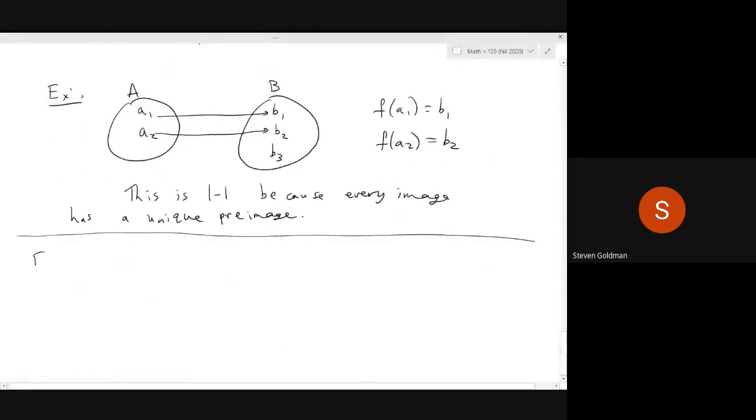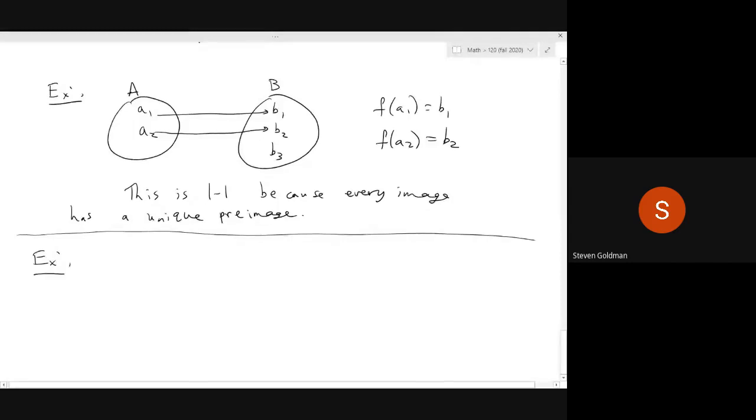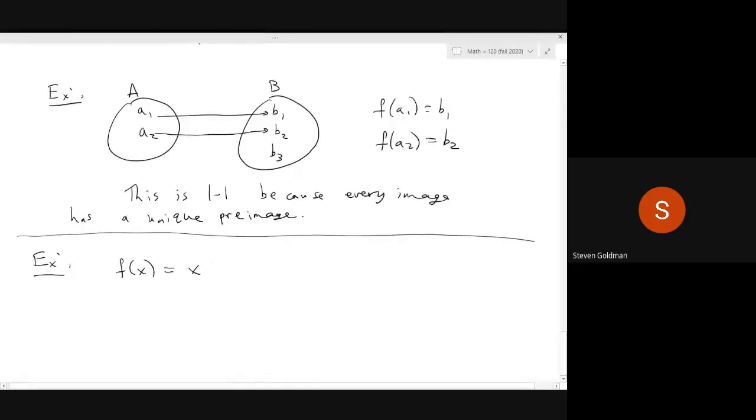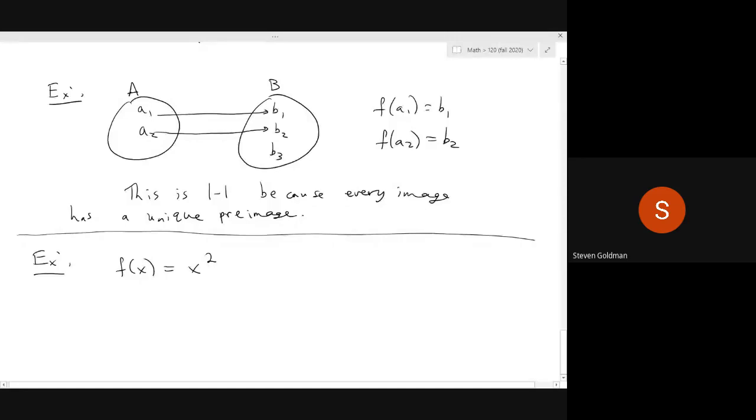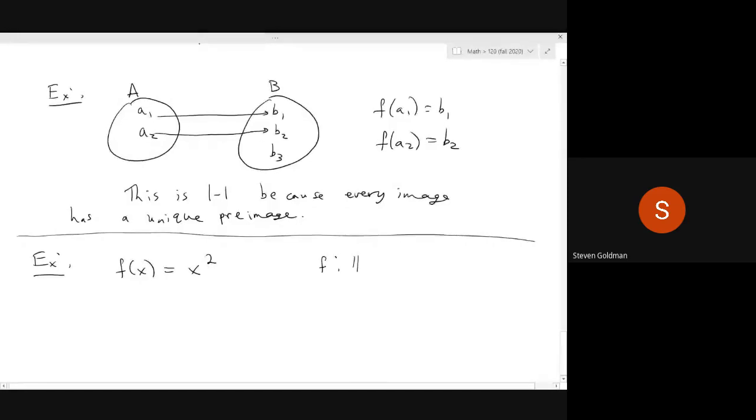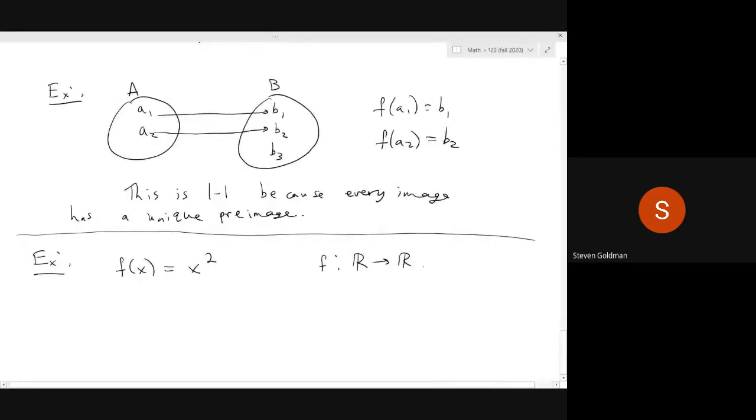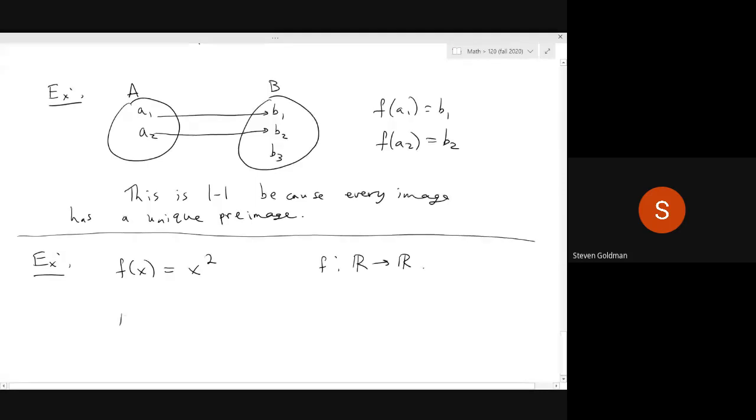All right, let's see an example with some actual functions where the function is given as a rule. Let's say I have a function f(x) = x squared, where f is a function from the set of real numbers to the set of real numbers. So my domain and codomain are the set of real numbers. Is this function one-to-one?